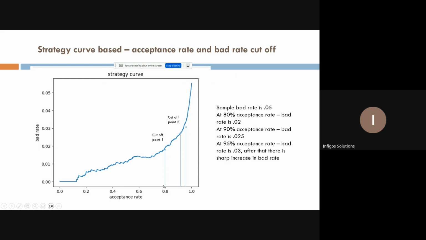He said either you can keep the acceptance rate low and reduce the bad rate, which is 0.02, or you can increase the acceptance rate and compromise with the bad rate. So there are 3 points here: 80%, 90%, 95%. All this will be put forward to the management. Management will make up their mind about what they want to do.